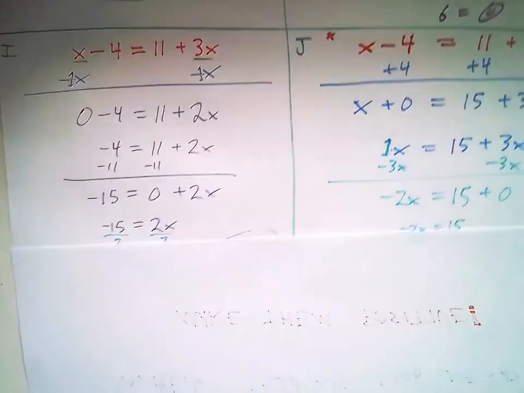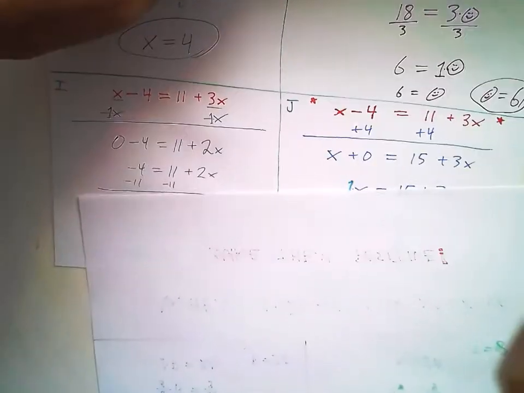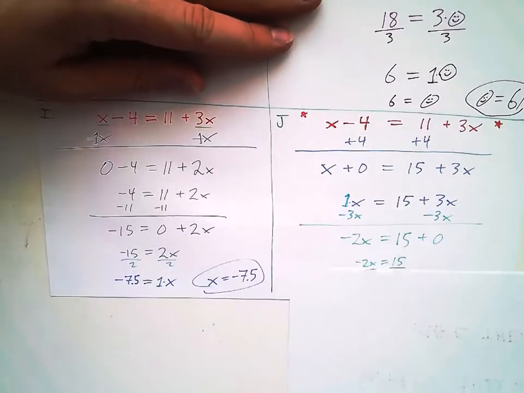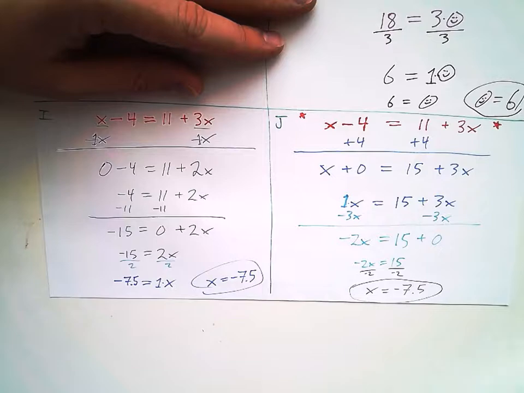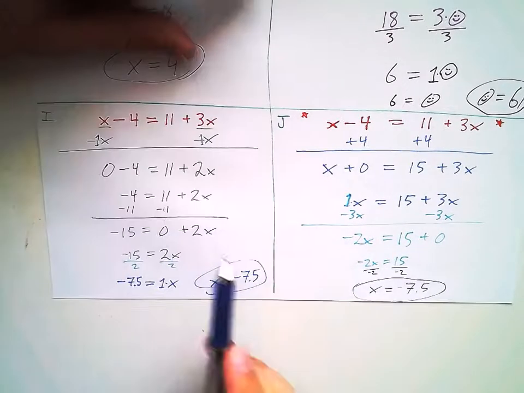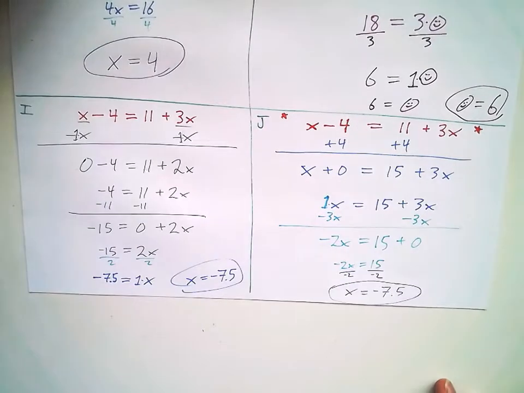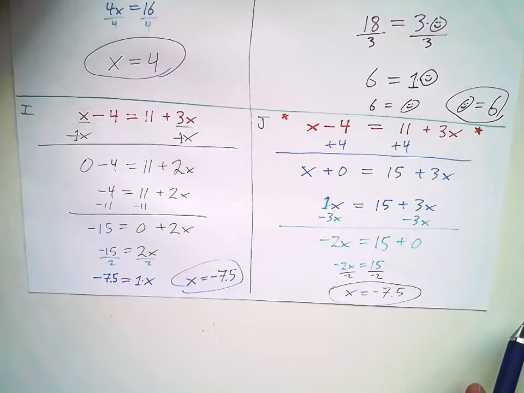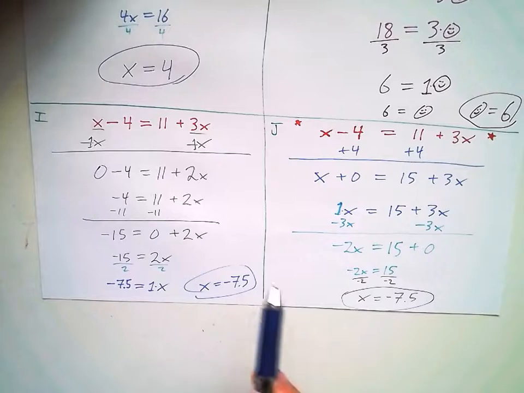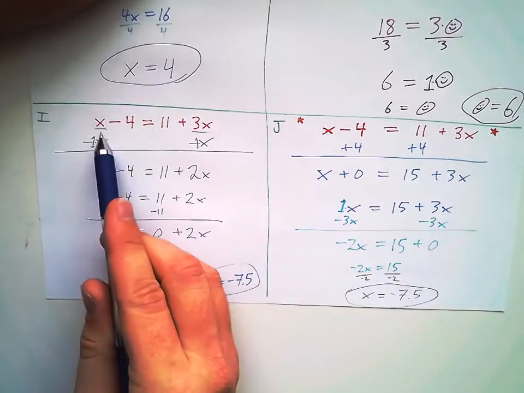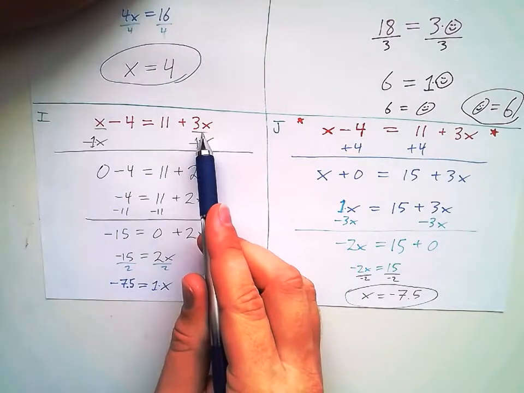These two, I and J, are actually the same problem, but I did it different ways. Okay, so you can look at both of them together for a second if you want. So my approach on this one, I said there's an x there and there are 3 x's over there.